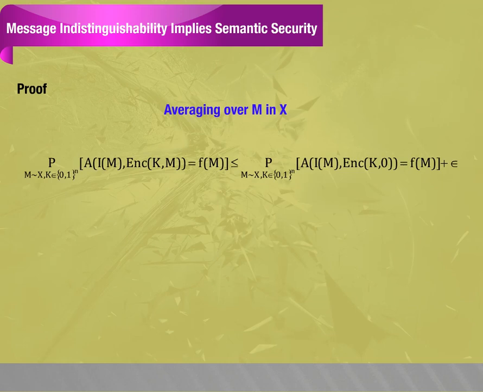Averaging over M in X, with M distributed according to X and K belonging to {0,1}^n: P[A(I(M), ENC(K, M)) = f(M)] is less than or equal to P[A(I(M), ENC(K, 0)) = f(M)] plus epsilon.